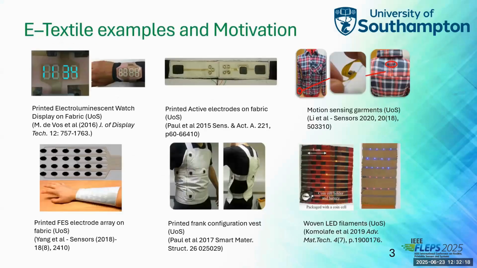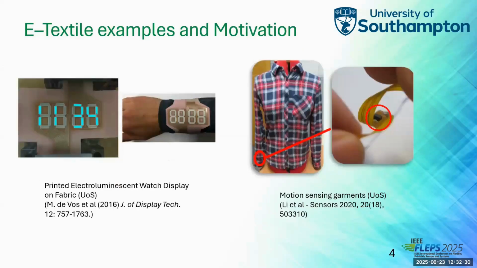Okay, let's quickly view the e-textile examples. There are some examples from my research group over the past year. They have some watch displays, electrodes, and sensors. Specifically, this one is a printed electroluminescent watch display, and this one is a motion sensor.